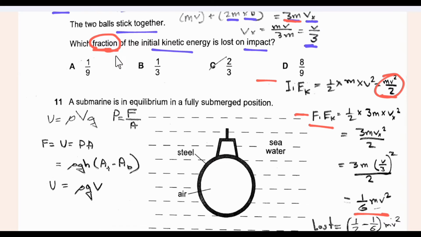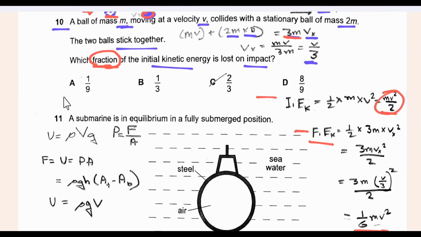So the fraction lost is the energy lost divided by the initial value.